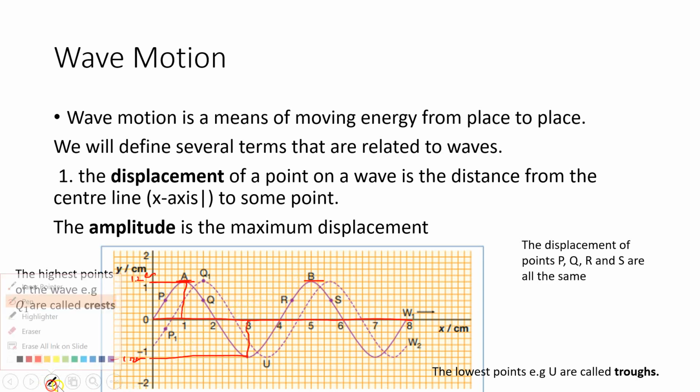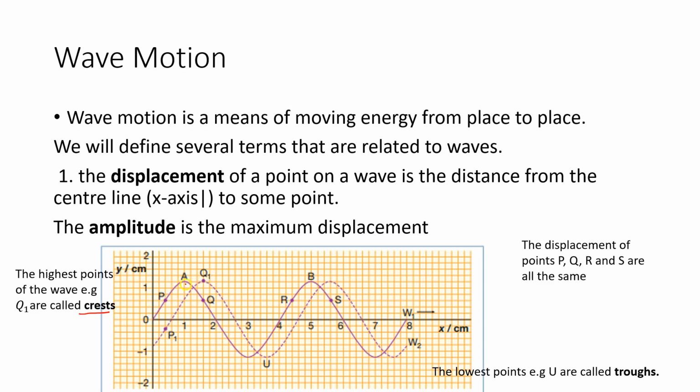Now, there are some other things that we need to talk about as it pertains to waves, and it's what we call a crest. Crest, as you can see here, is the highest point of the wave. So at Q1 right here, which is the highest point in the positive region, that is what we call the crest. So always think about the crest being in the positive region.